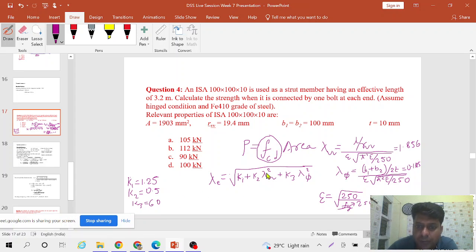Okay, so put all these three values here and use brackets. Don't calculate this value directly, use brackets, and report the value of lambda e. Take your time and calculate. 1.93. Yes.